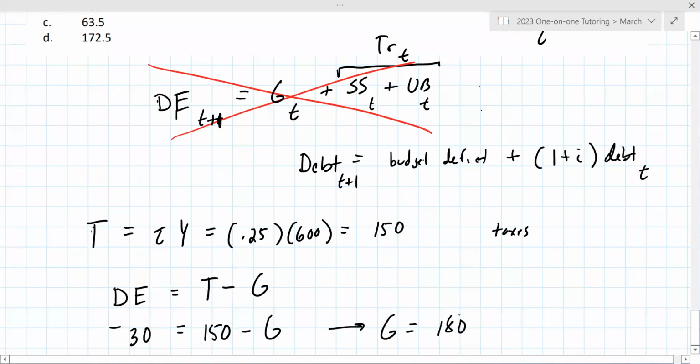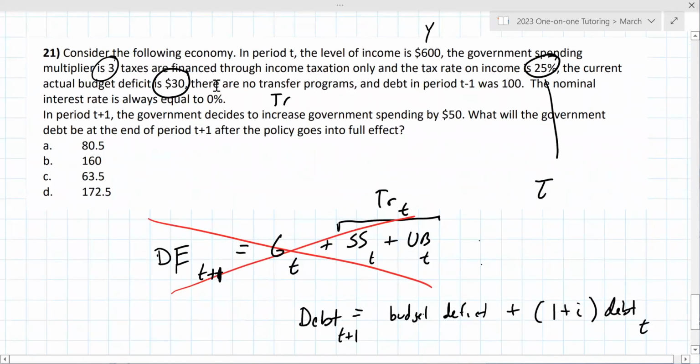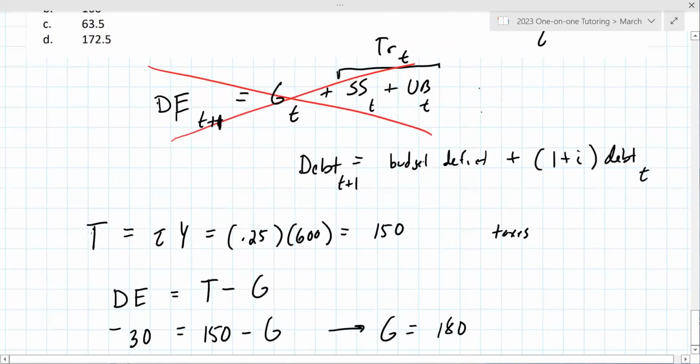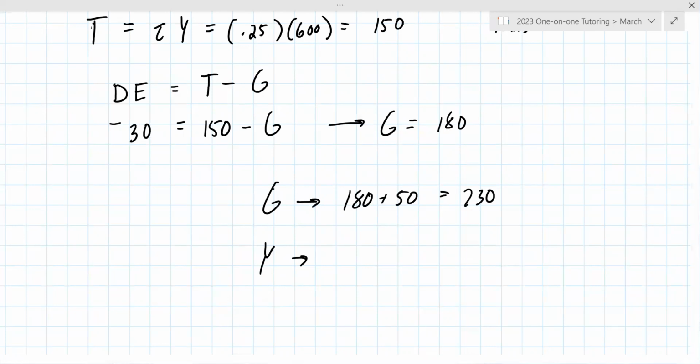All right. So G now goes up by 50. They say they just decide to increase government spending by $50. So G goes 180 plus 50, that's 230. And then they say that Y, there's a multiplier of 3 on, why is it times 50?